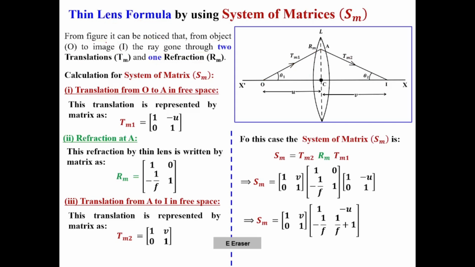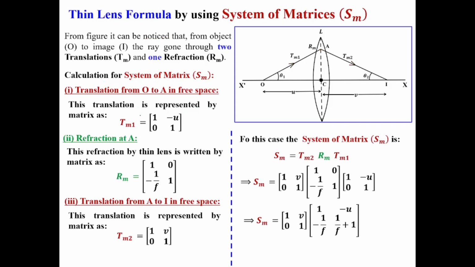So we have to write the system of matrix by considering two translations and one refraction. Now we are going to calculate the system of matrix of this ray diagram.